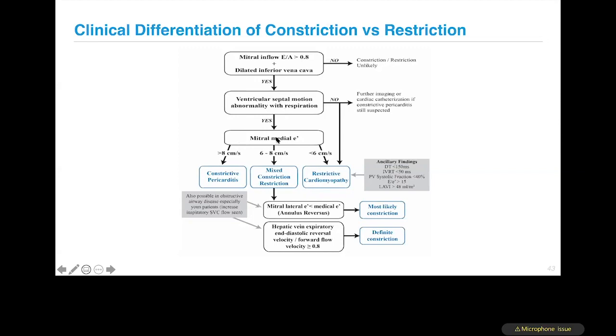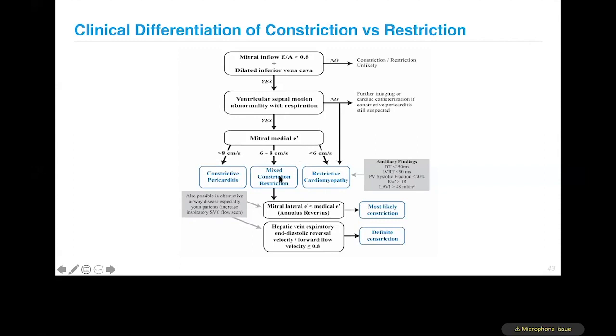Then you look into the mitral velocities. If they are completely normal, this ventricle is behaving like a normal ventricle in the longitudinal direction. You have clinched the diagnosis of constriction. If you have a reduced velocity, then that will be going towards restrictive cardiomyopathy. If you're in between, it could be a mixed disease.